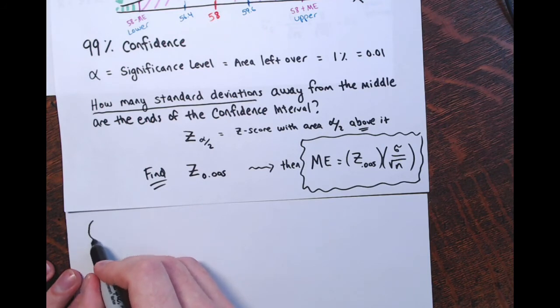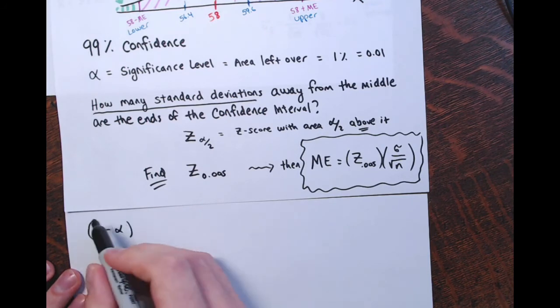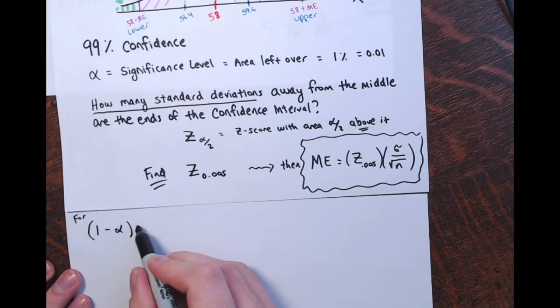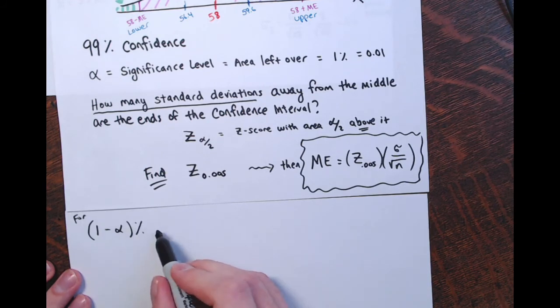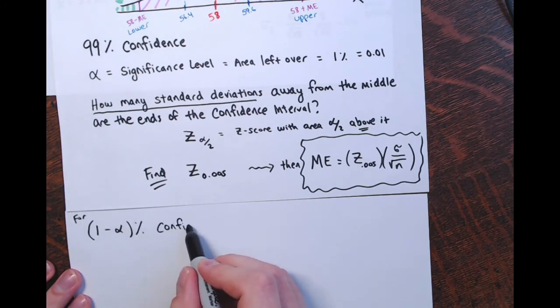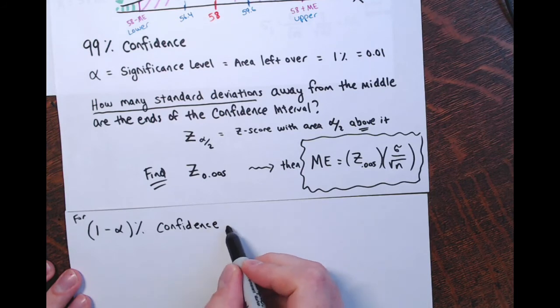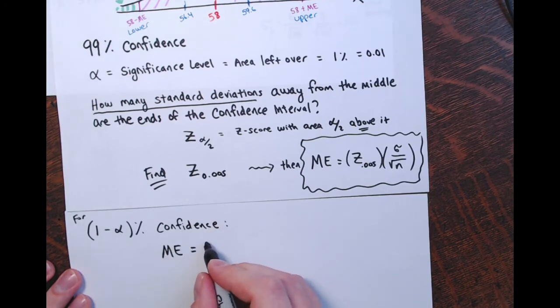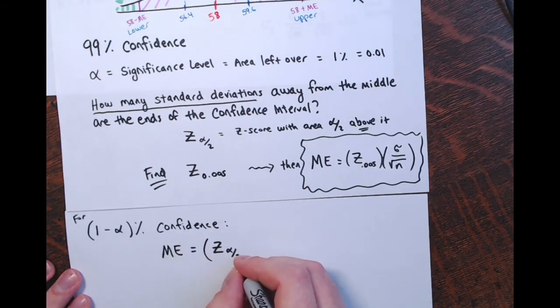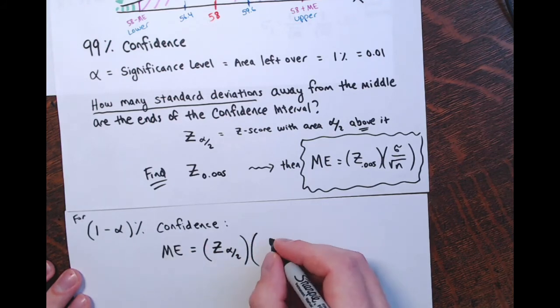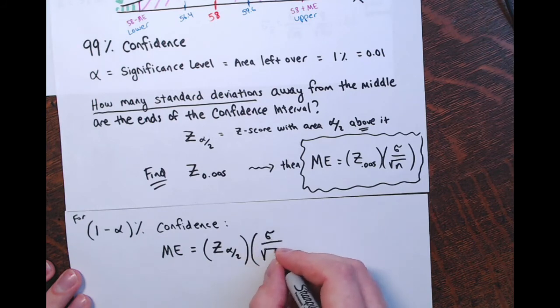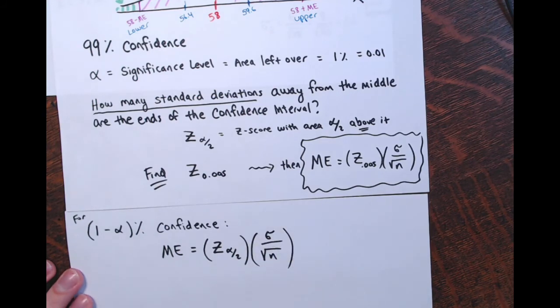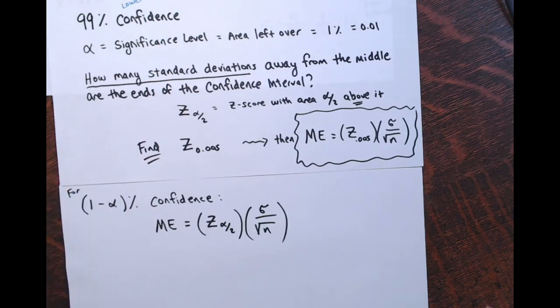So for 1 minus alpha percent confidence, the margin of error will be the z-score with half of alpha above it multiplied by the standard deviation, that's sigma over the square root of n, the standard deviation for the x bars, for the sample means.